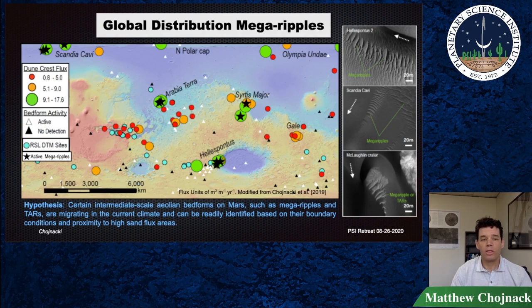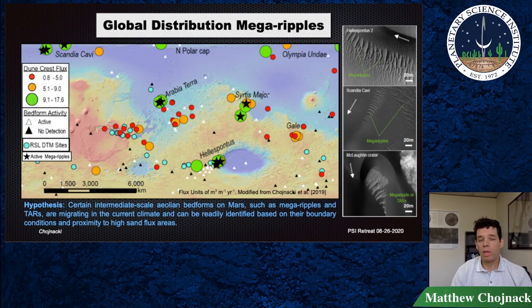And you can see the highest sand flux areas are along the North Polar erg towards the top of the plot, and then Syrtis Major, Hellespontus, all had high sand flux areas across a range of different dune fields.